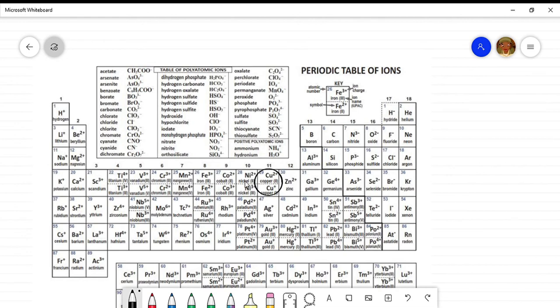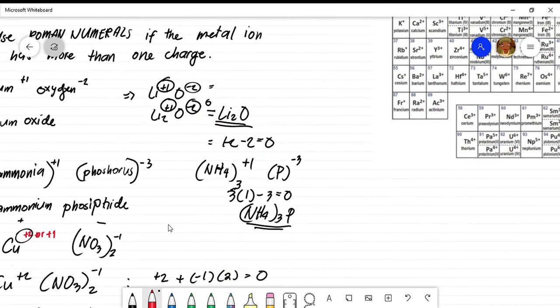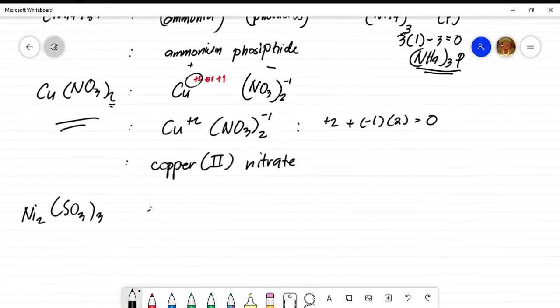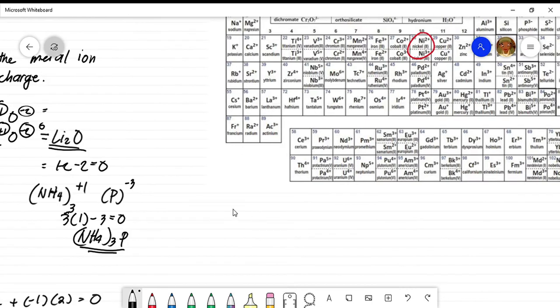Nickel is either +2 or +3, so we'll be contemplating on that.